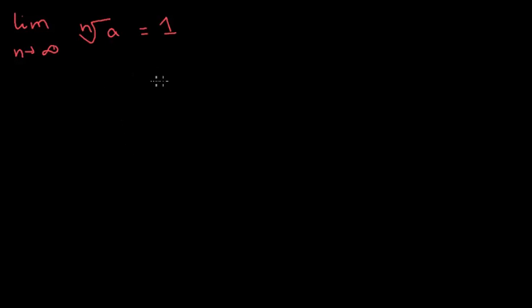How do you prove this? Well, we write the nth root of a as a to the power of 1 over n, and a to the power of 1 over n is the same as e to the power of ln of a to the power 1 over n.